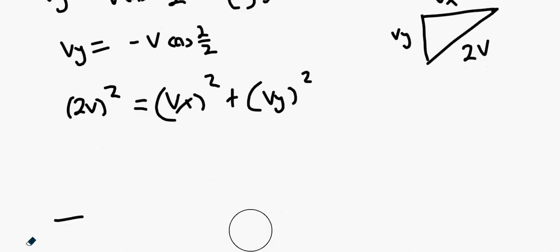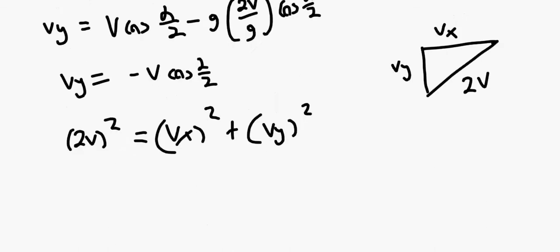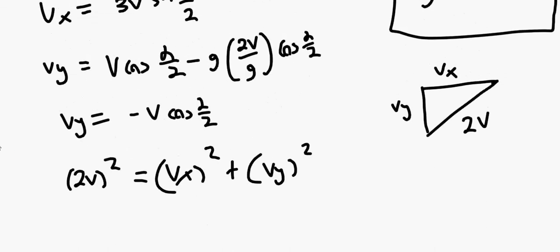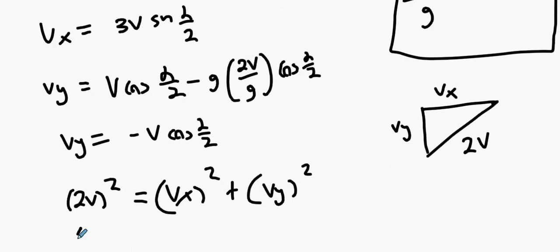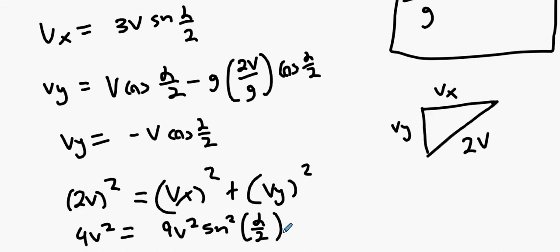So let's see, I'm going to finish this off. So 4v squared. Square Vx, you get 9v squared sine squared alpha over 2. Square Vy, and Vy squared is v squared cos squared alpha over 2.